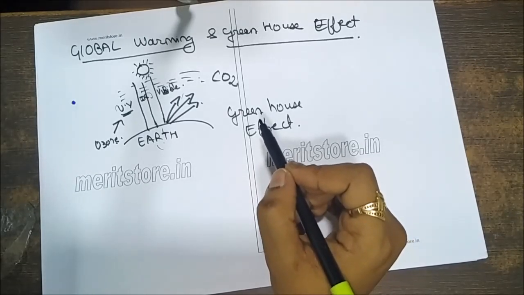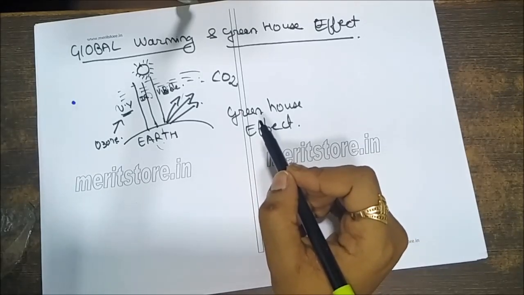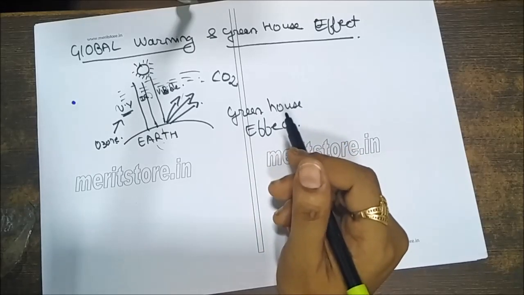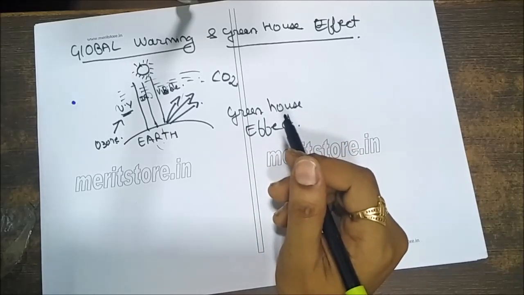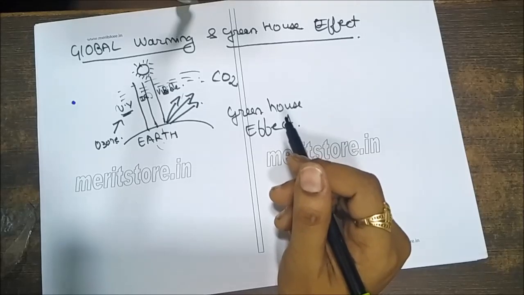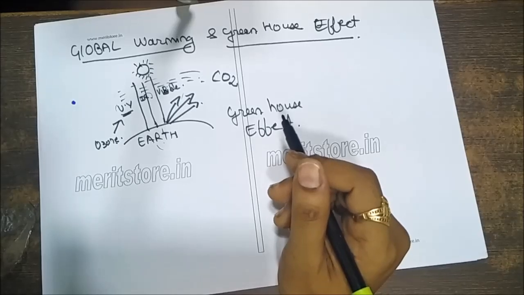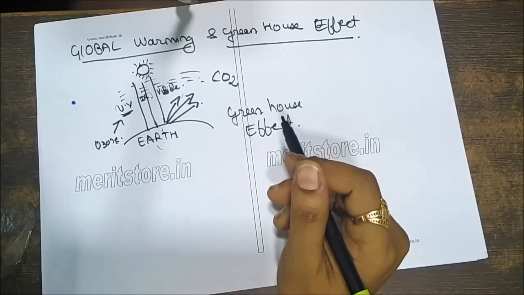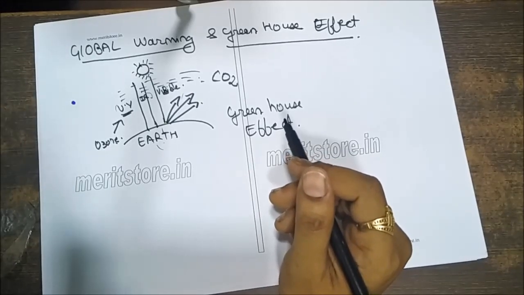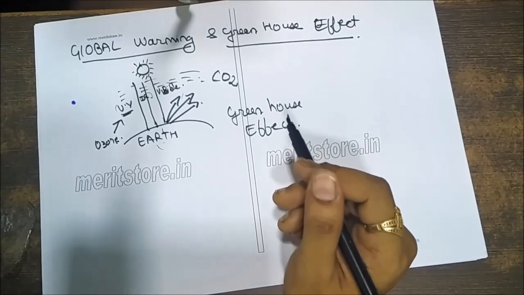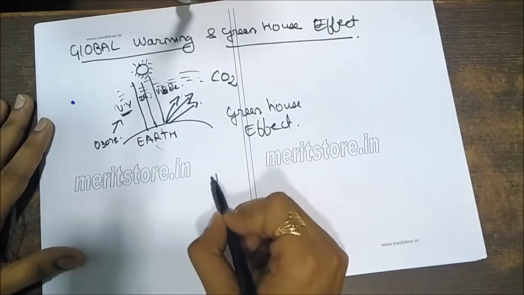Okay, it's very important to know that between the years 1878 to 1990, the temperature rose only from 0.45 degrees Celsius to 0.15 degrees Celsius. But from 1990 to 2025, there has been a rise of 3 degrees Celsius, and it is predicted that the temperature would rise to about 5 degrees Celsius.